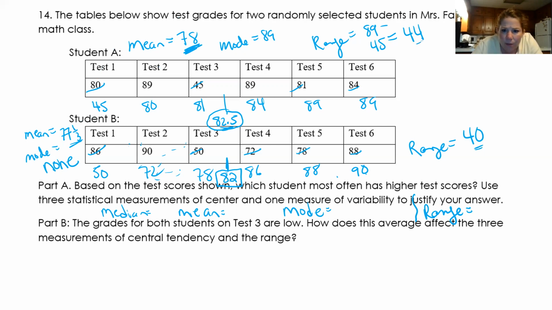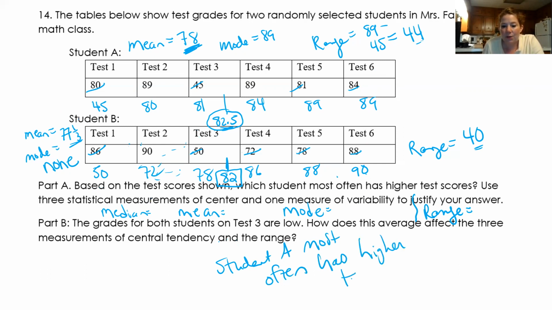And so based on my information, the median for student A is a little bit bigger than the median for student B. So I'm going to say, based on the mean and the median and the range, there's not much difference on the range, I would say that student A most often has higher test scores.